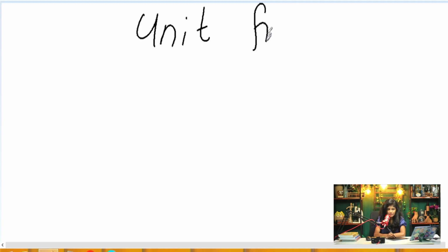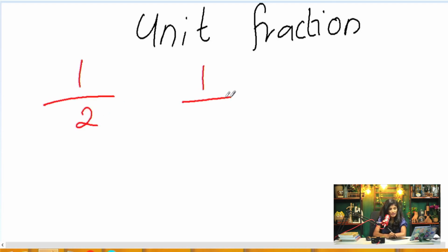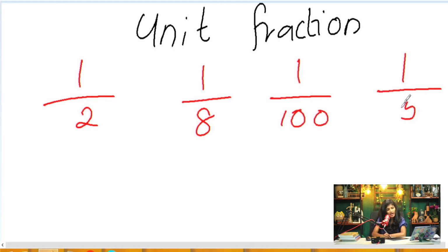The first type of fraction we are going to discuss is unit fractions. What do you mean by the word unit? Unit means 1, no? So unit fractions are fractions that have the number 1 in the numerator. That means like this: 1 over 2, 1 over 8, 1 over 100, 1 over 5. You can put any number in the denominator, but you have to put only 1 in the numerator of a unit fraction.